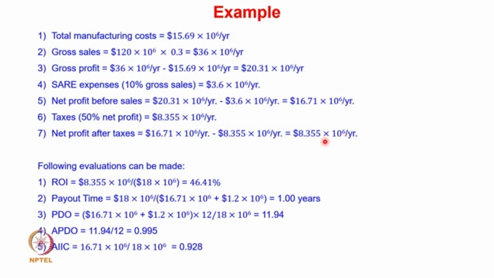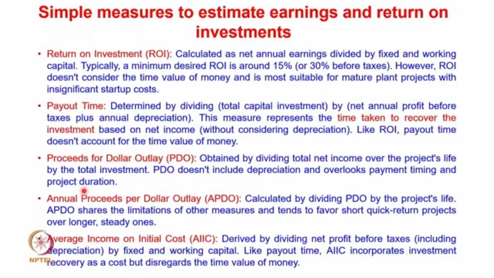Now based on these values, we wanted to calculate different metrics. So these are the different metrics: return on investment, payout time, PDO, APDO, AIIC, all these metrics which we have defined on the earlier slide, we are going to calculate here. So return on investment, you can see that we have defined as the net annual earning divided by the fixed and the working capital.